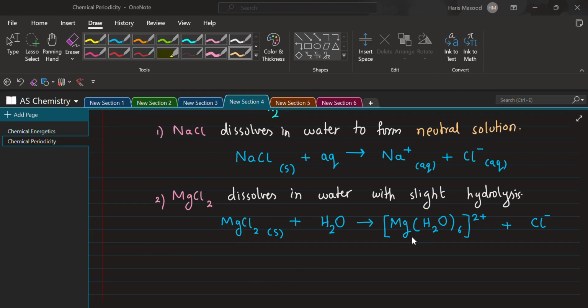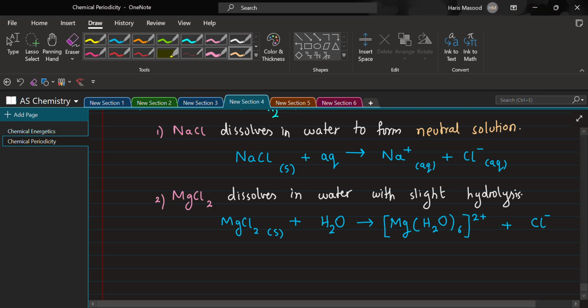So this is a central species, Mg, and it is surrounded by 6 H2O. We call them ligands. So H2O are basically ligands. That is how a complex ion is formed. So I'll just balance it out. 6 will be placed here and 2 will be here.